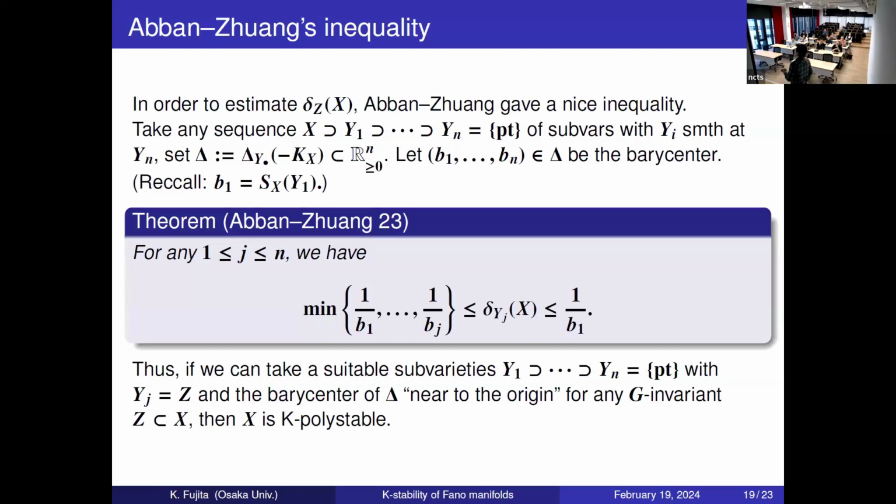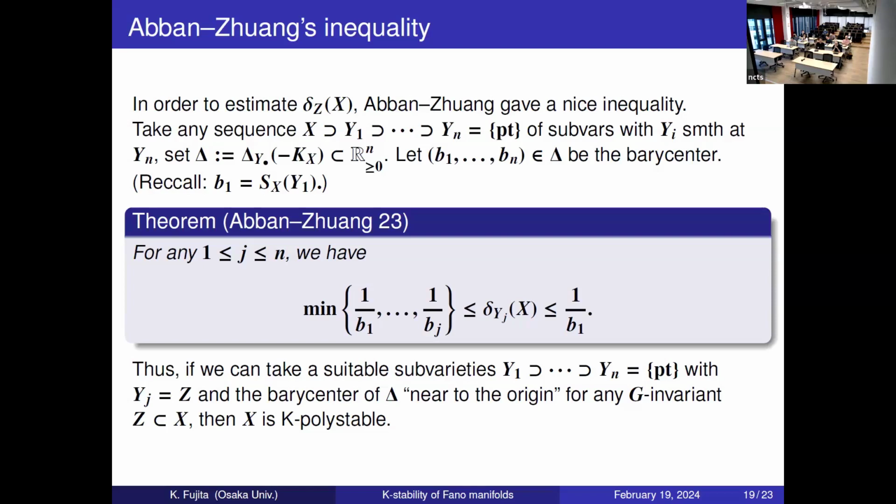And if the algebraic group is large, we only need to check the local stability threshold for G-invariant Z. To estimate the invariant, if we can take a suitable flag such that the barycenter of the Okounkov body with respect to the flag is near the origin, that is, the minimum is very large, then X is K-polystable. So the game is reduced to finding a good flag.